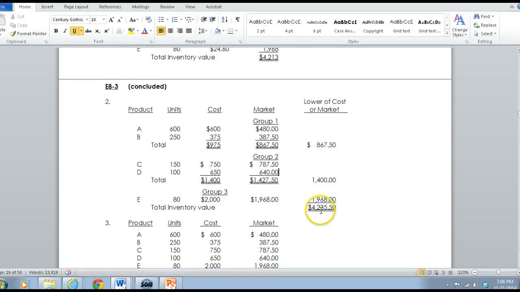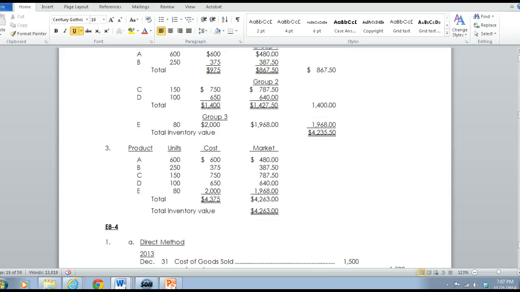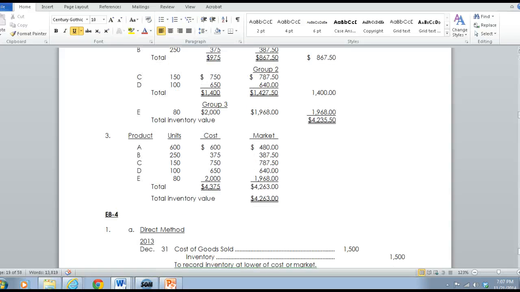Now this is interesting. This amount, of course, is going to be greater than when we take those individual units. Now when we take them as a whole, we're taking each product and we're totaling all the costs, and then we're totaling all the market values.